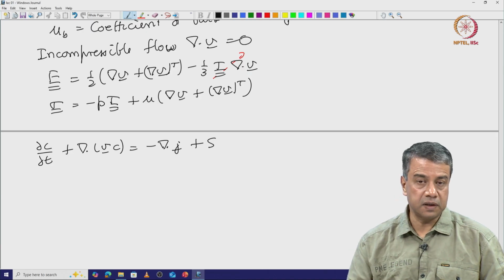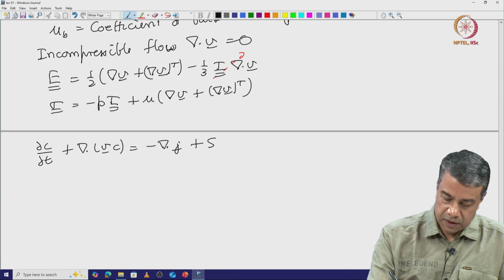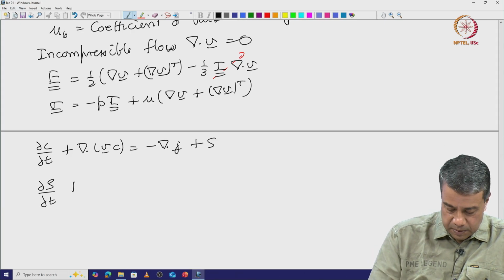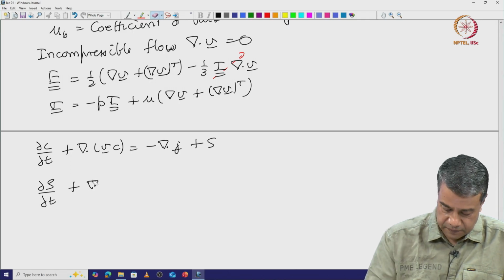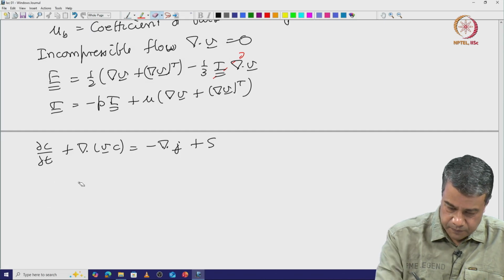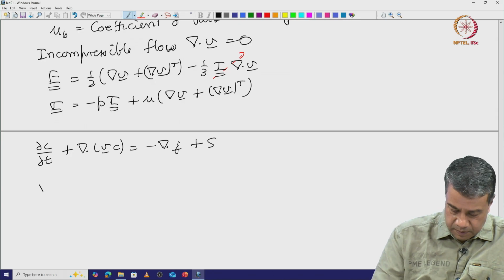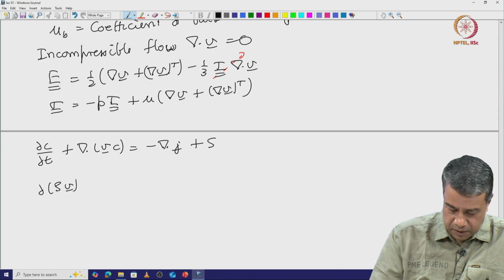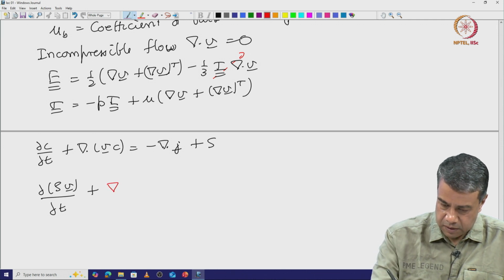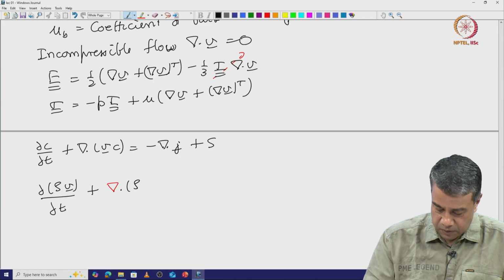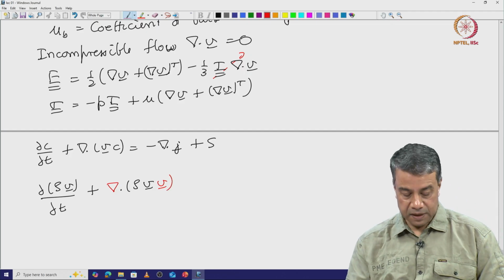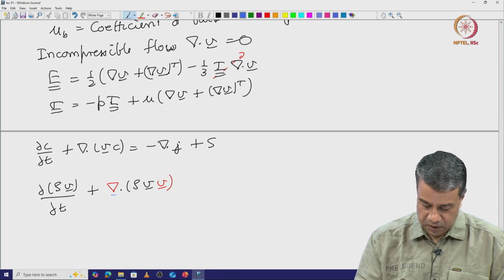Now we have to write it for the momentum conservation. It turns out it has a similar form: partial of rho v by partial t plus the divergence dotted with rho v and v, indicating that this divergence symbol is acting on one of the velocities.